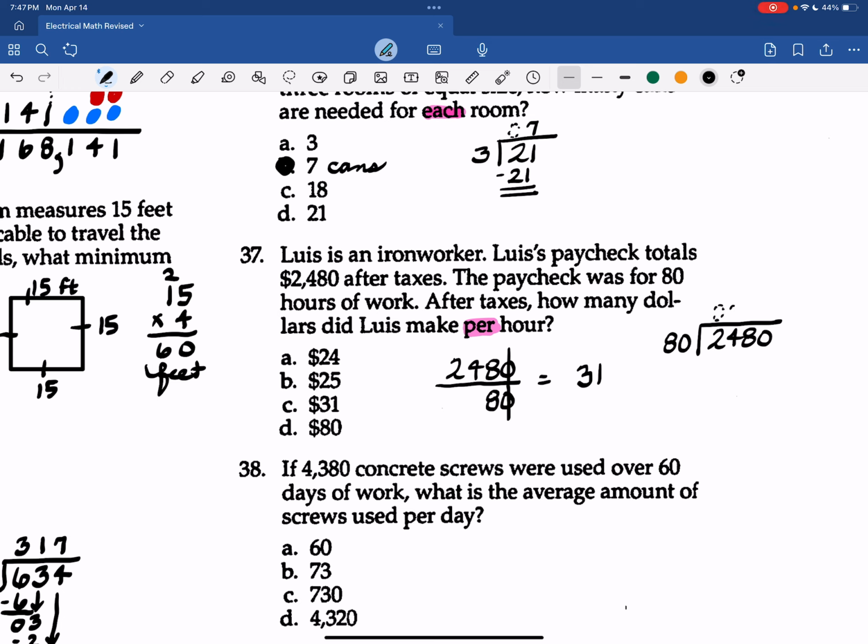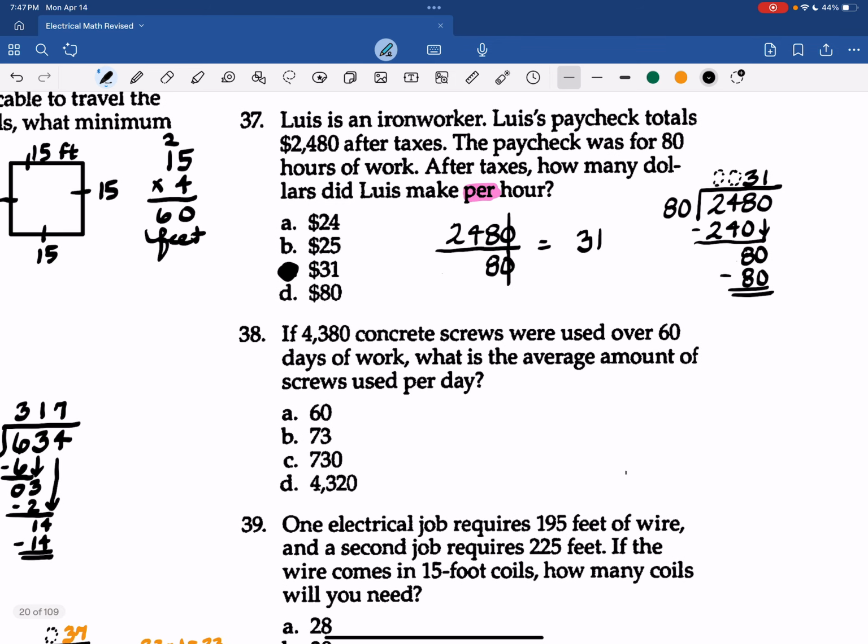No luck there, no luck there. 8 into 24 is 3 times. 3 times 80 is 240. Bring down this 0. 80 into itself is 80 with none remaining. So either way you do it, you will get 31. I like canceling zeros, but you don't have to do that.